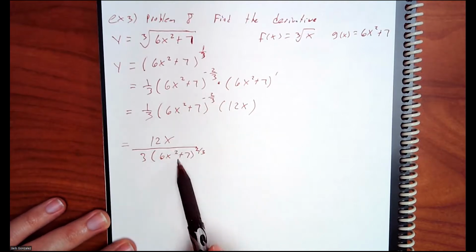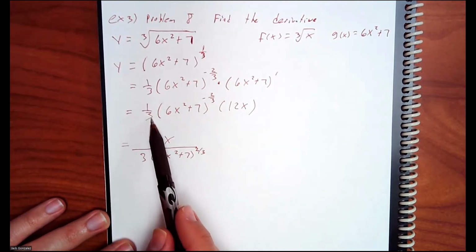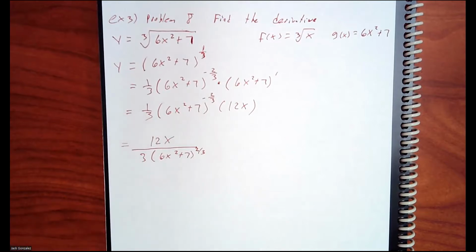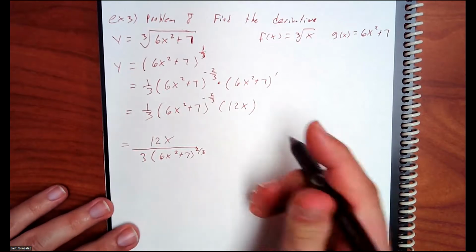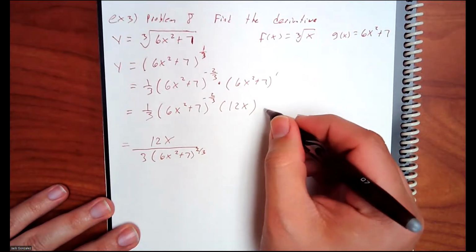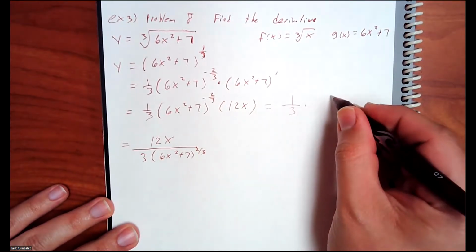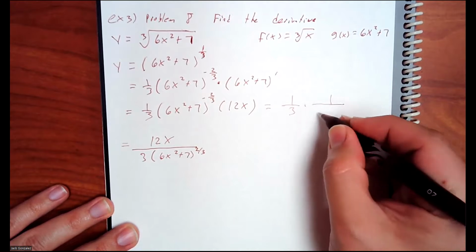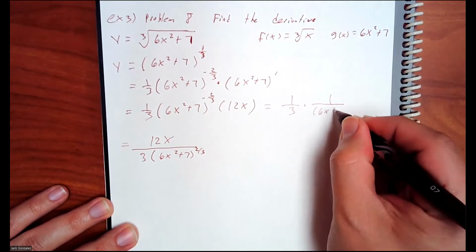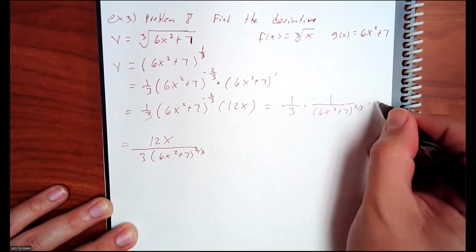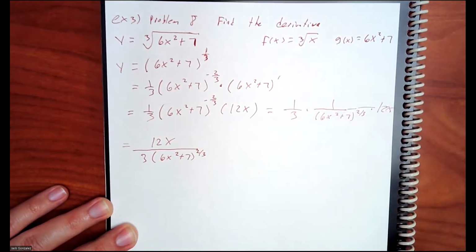But when this comes downward, the 1/3 was always on the bottom. So another way to think about it, in between stuff, you could say this is 1/3 times 1 over this guy times this. Make sense?